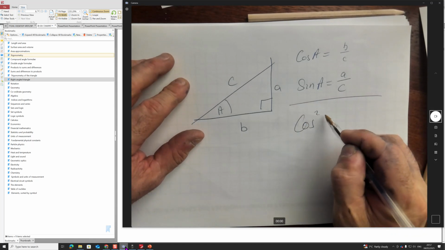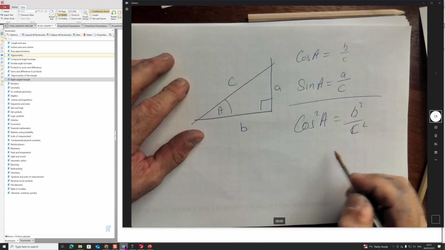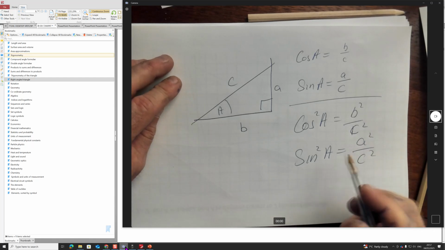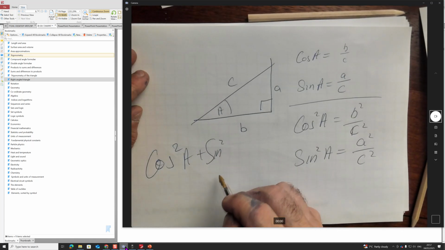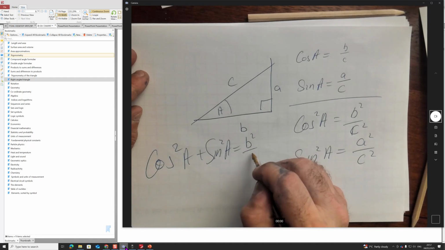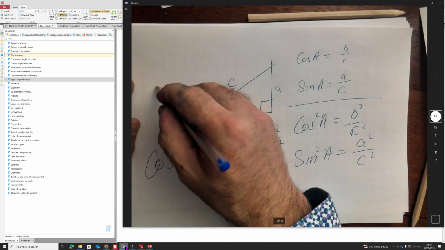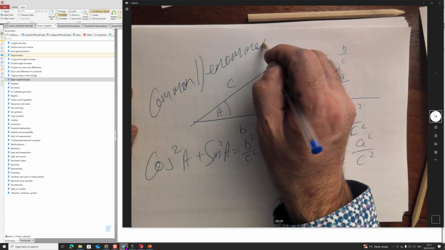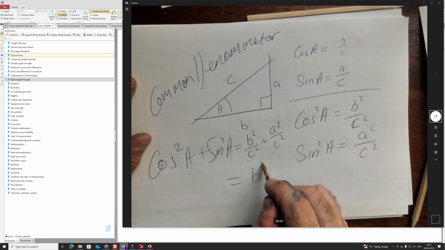Now just go along with me. What's cos squared A? And this is how you write it. The square of this equals B squared over C squared. The square of this equals A squared over C squared. And when you add them, you get B squared over C squared plus A squared over C squared, and they have a common denominator, which means we can just add them easy peasy, no big deal.